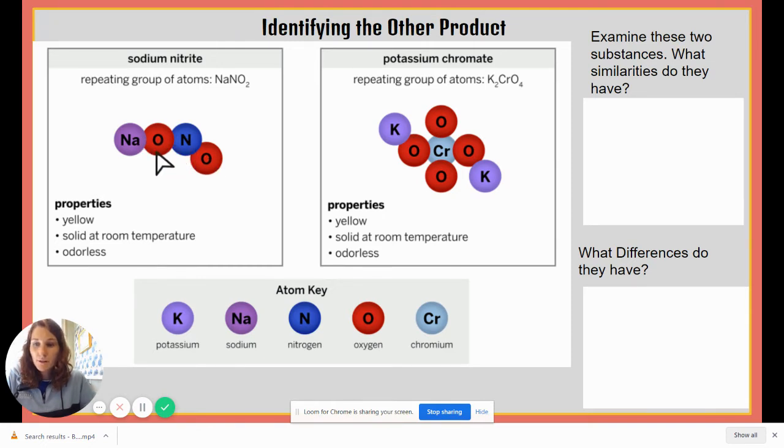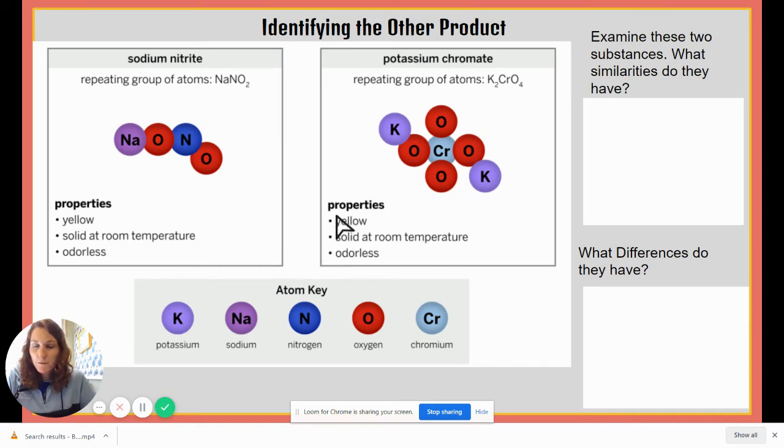They're both extended structures, meaning that they have atoms that branch out from each other. They are all containing oxygen atoms. And I can even add the properties listed down below, that they're yellow, solid at room temperature, and odorless. So those are all things that they have in common.